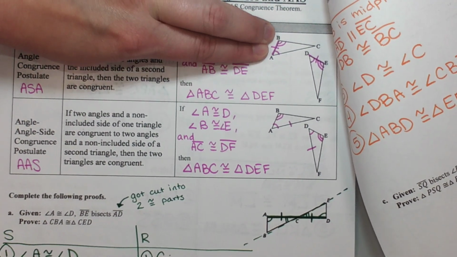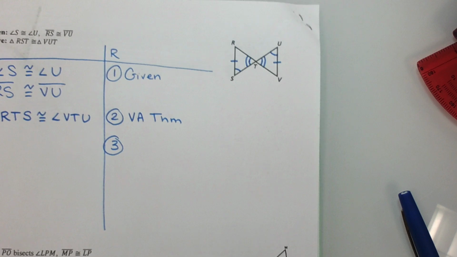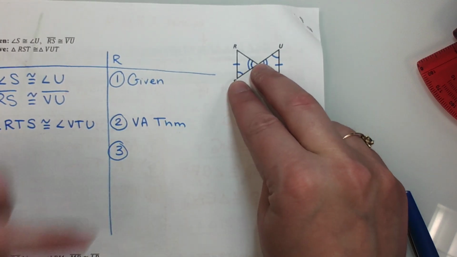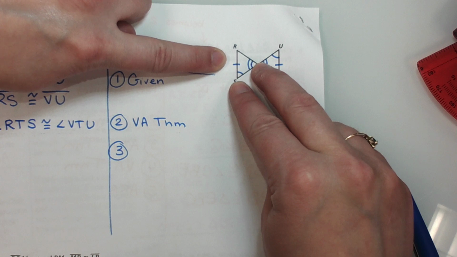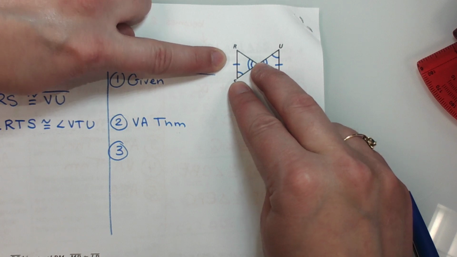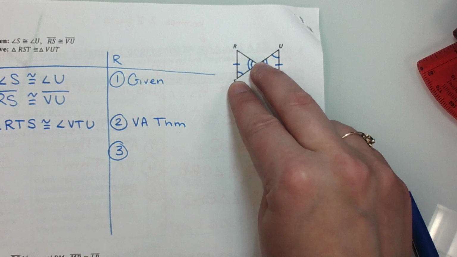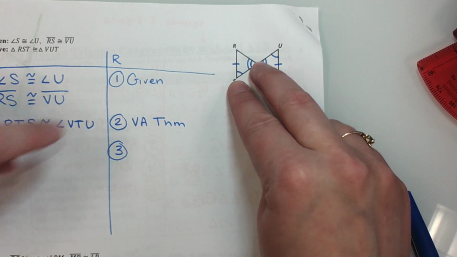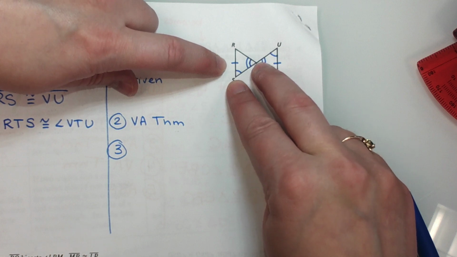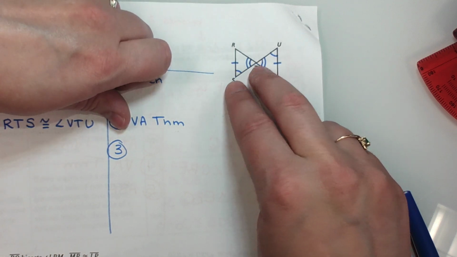Is the side between the angles or not? Here are my 2 angles. Is that side between them? Is this side between these 2 angles?